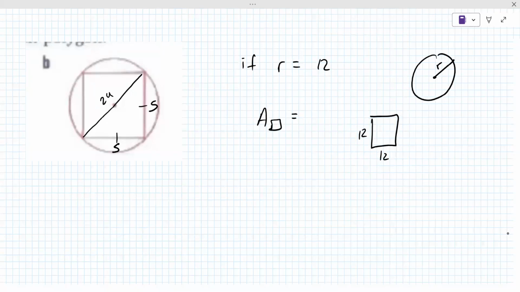Okay, so 24 divided by the square root of 2.